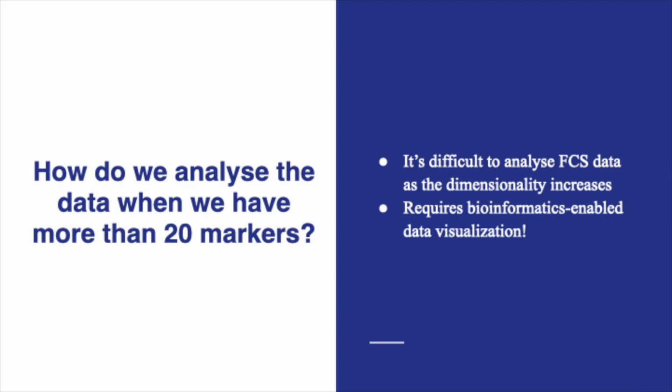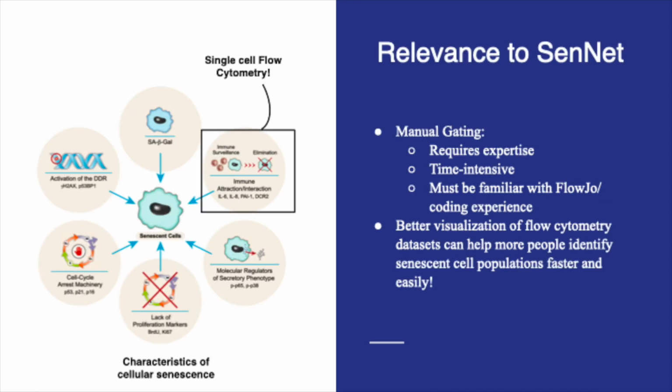So now the main question is, how do we analyze up to or more than 20 markers that senescent populations require, as this increases dimensionality, and someone who is not trained in bioinformatics cannot possibly analyze so many dimensions together. This is why bioinformatics-enabled data visualization of flow cytometry is important, because manual gating, which is the current way to analyze FCS datasets, requires a lot of expertise, it's very time intensive, and you must be familiar with specific software such as FlowJo.